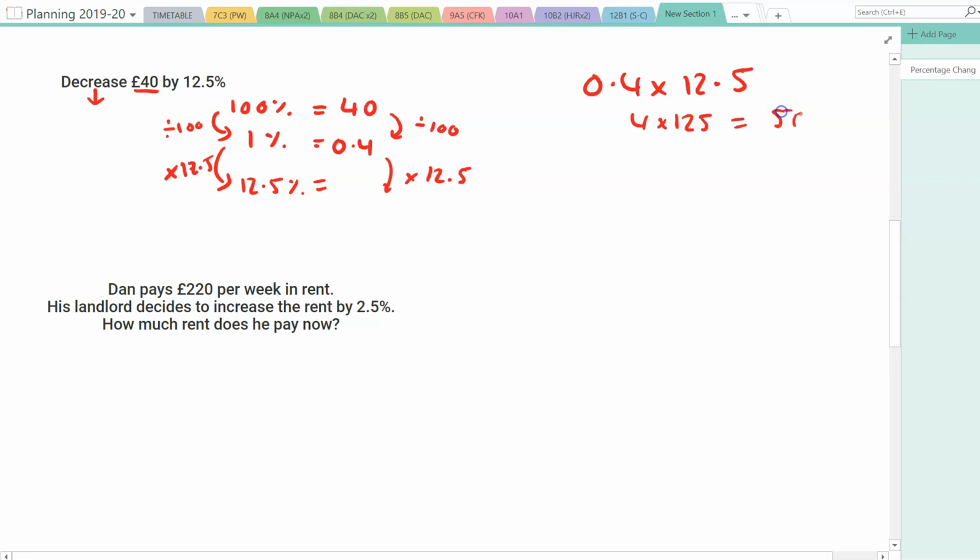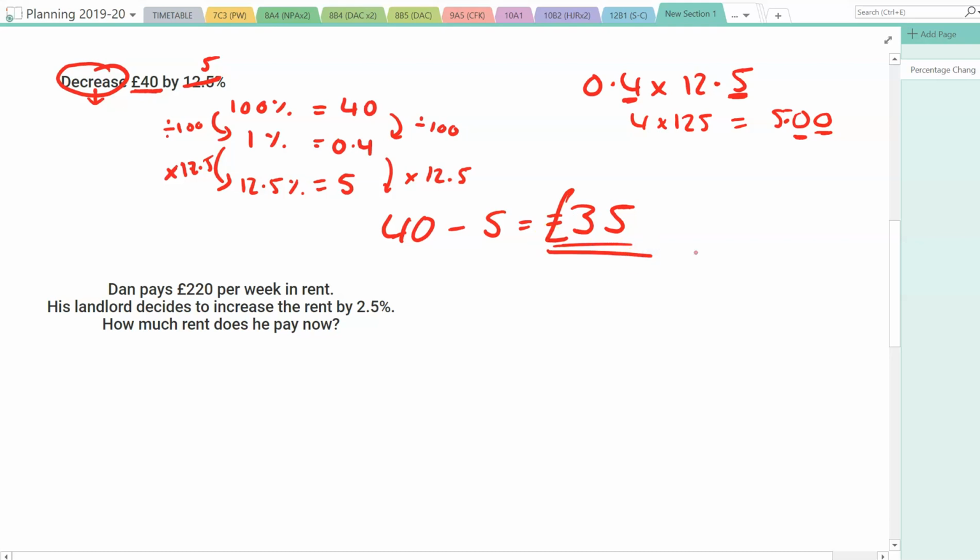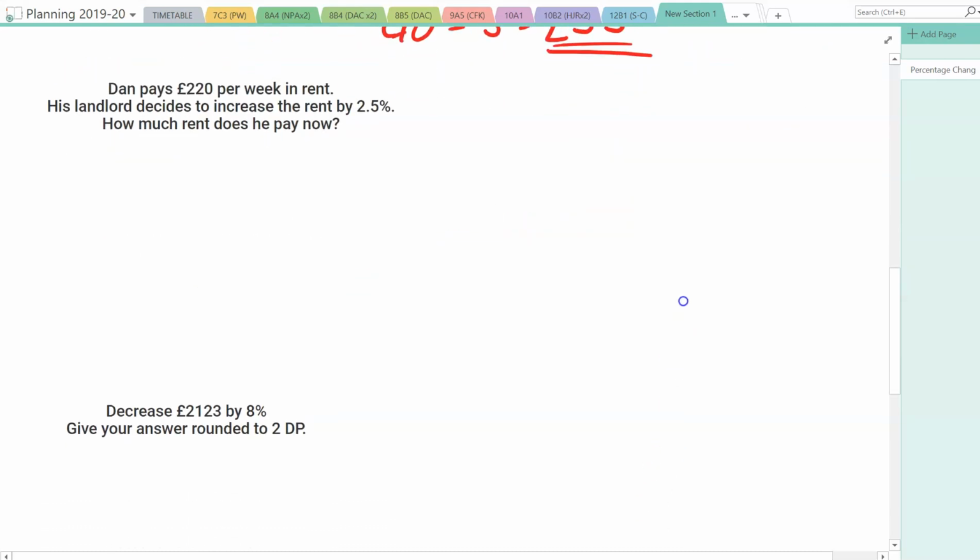That is 500, but you've got a decimal place there, a decimal place there, so you need 2 decimal places as well. So that would be 5. Again, if you want to use a calculator, do it. So 12.5% is 5. So we need to decrease £40 by 5. So 40 minus 5 is £35. That's your answer.